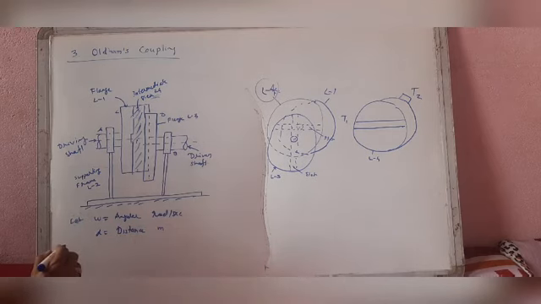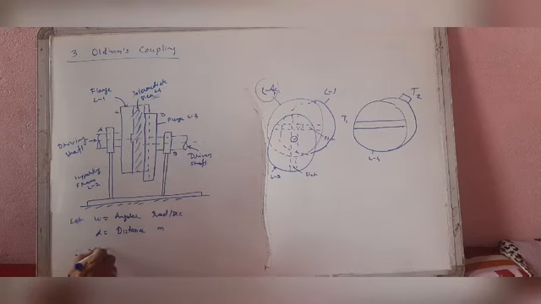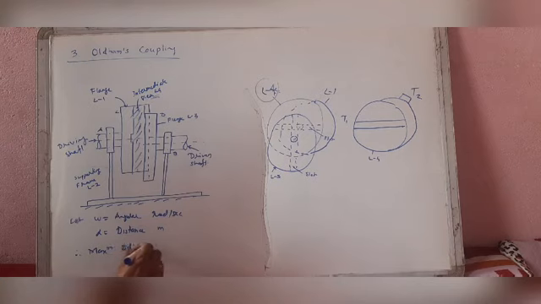So the maximum sliding speed of each tongue in meter per second, v, is equal to omega times d.